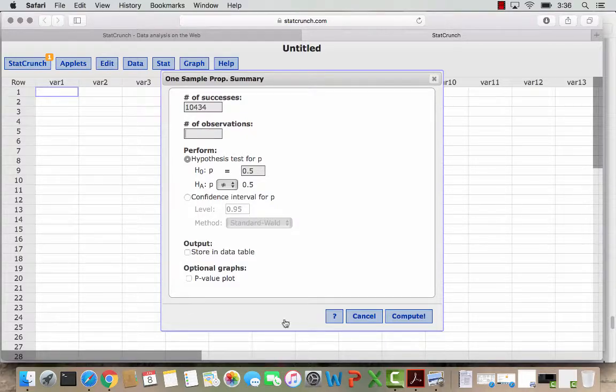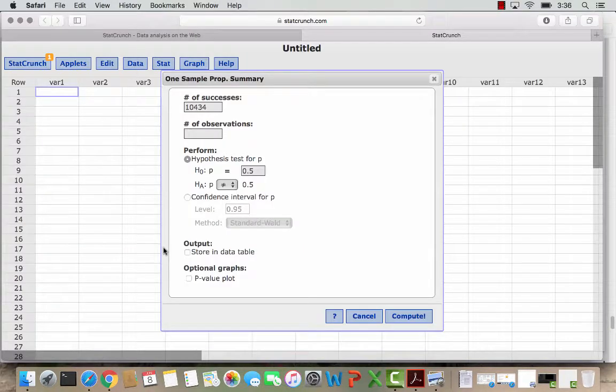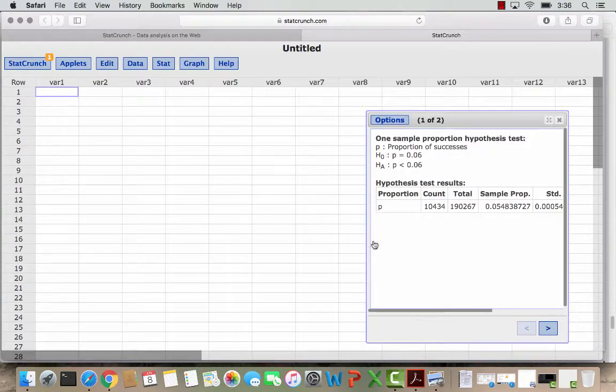And then the number of observations was 190,267. And then we're comparing to 0.06 proportion, and we're checking to see our weapons offenses less than 0.06, and I'd like to see the p-value plot, so I check the optional graph and compute.